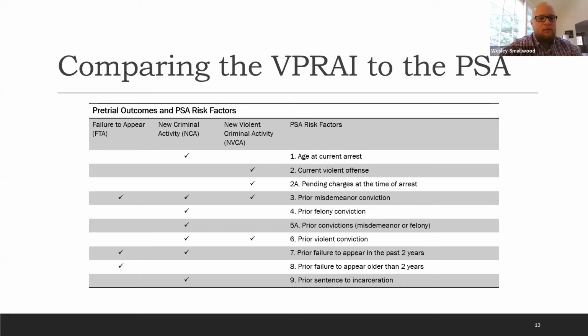The risk factor in Virginia is whether or not there are two or more FTAs, not necessarily how old or new those FTAs are, which obviously is a risk factor on the PSA, but it is not currently captured as a risk factor for us in Virginia. So we are looking into the nuanced differences of what that could mean for someone in their situation.